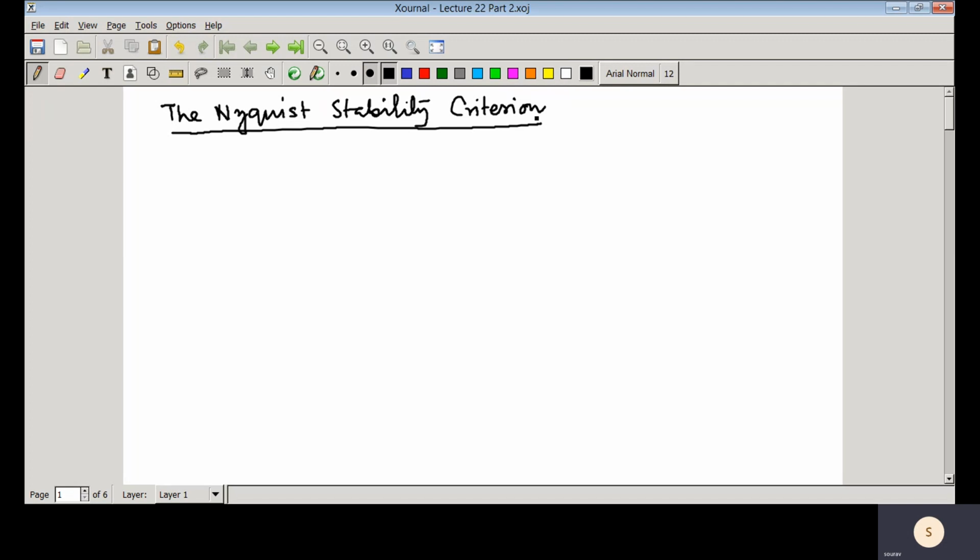So what is the Nyquist stability criterion? Let us first draw one closed loop control system.